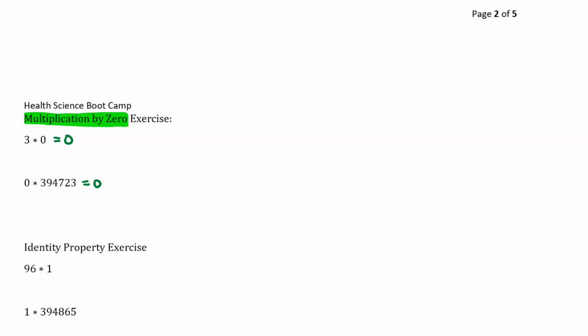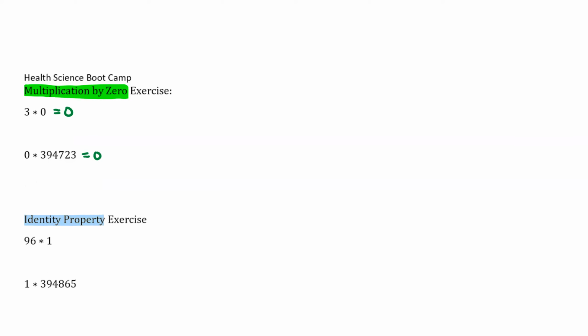The other rule, which I mentioned, is called the identity property. That identity property says that when you're multiplying by 1, the answer is the same number. So if I take 96 and I multiply it by 1, I'll get 96.